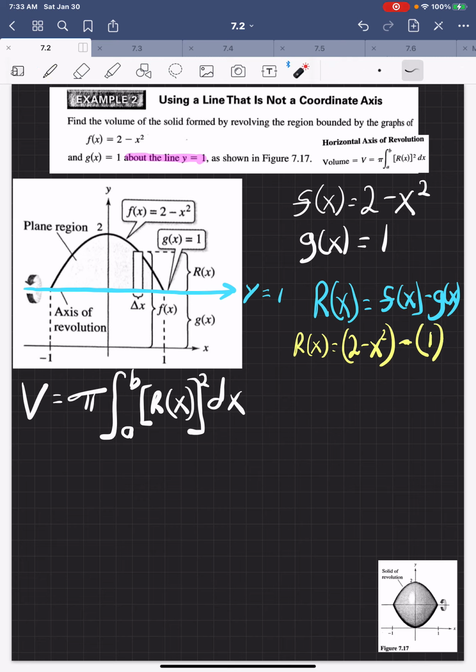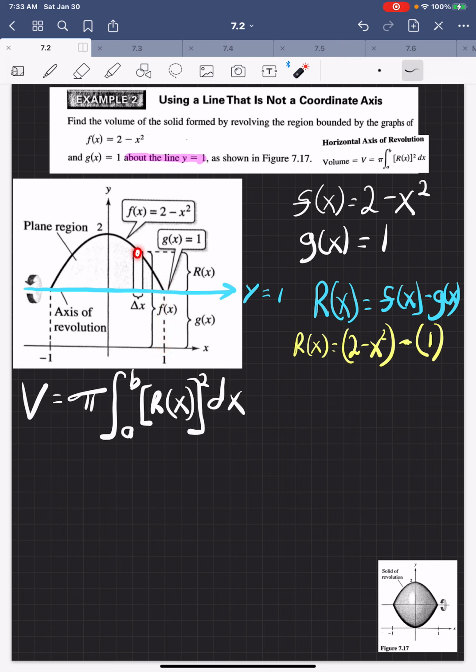Now here's the question, stay with me: why minus g of x? Well, do you agree with me that, just take this point right here. This is when y equals 1. If you were to subtract 1, do you see how you would get that point right back down to the x-axis?